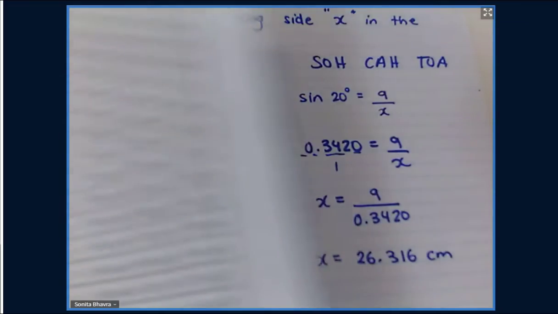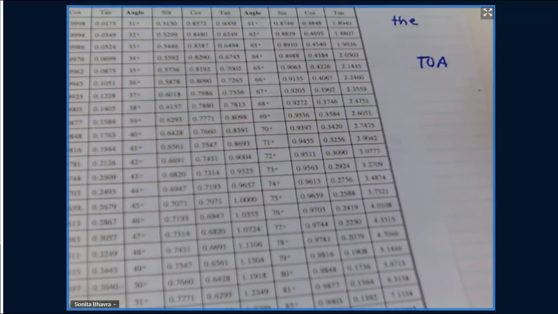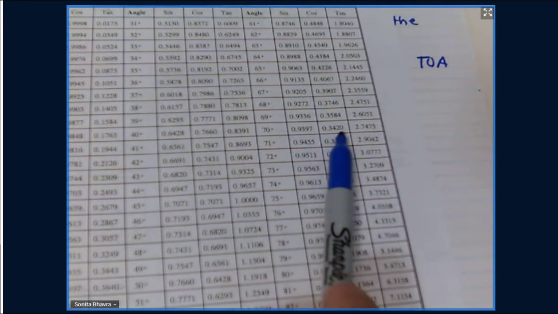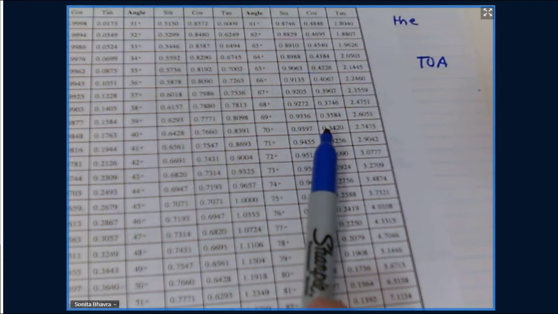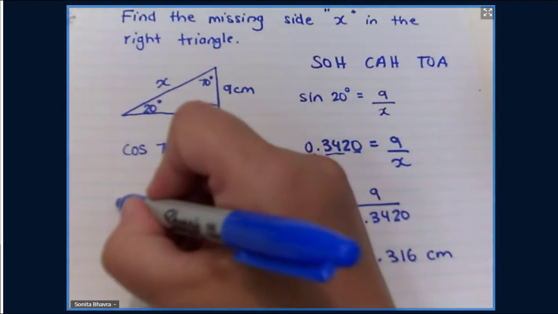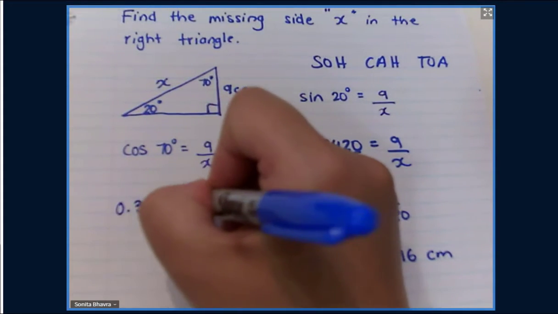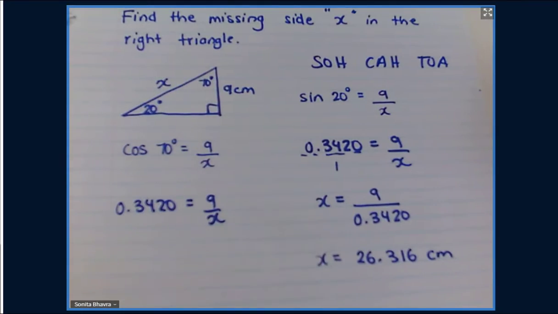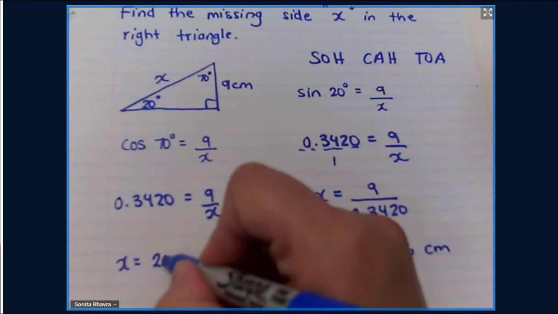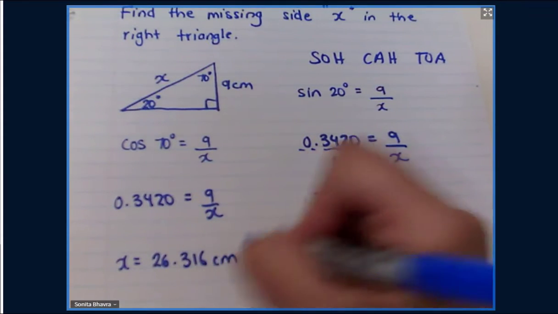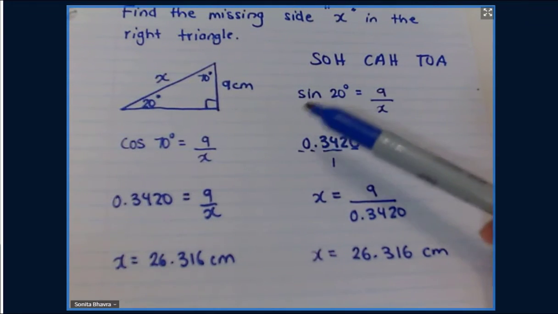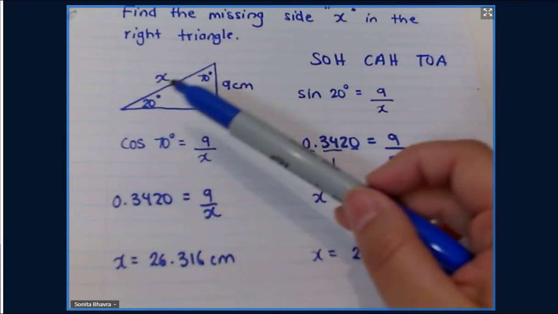All right, so here is our chart, and here is 70 degrees. Cosine of 70 degrees, we can see is the same value, which was the same as sine of 20 degrees, 0.3420. 0.3420 equal to 9 over x, and solving it the same way, x is equal to 26.316 centimeters. All right, so in this triangle, we could have used either sine of 20 or cosine of 70 to figure out side x.